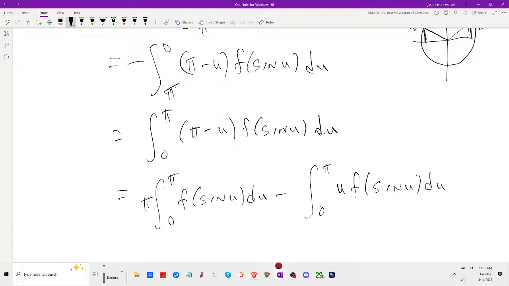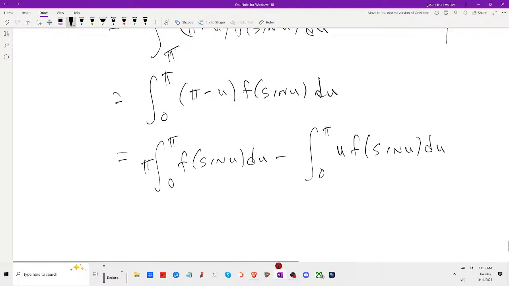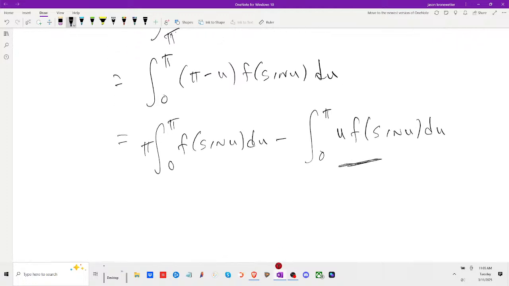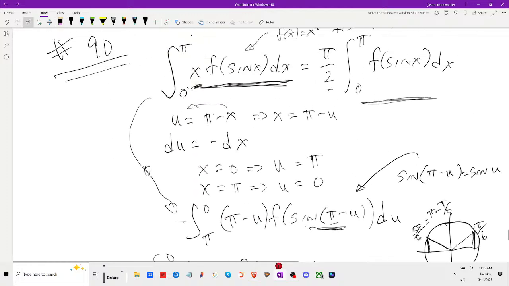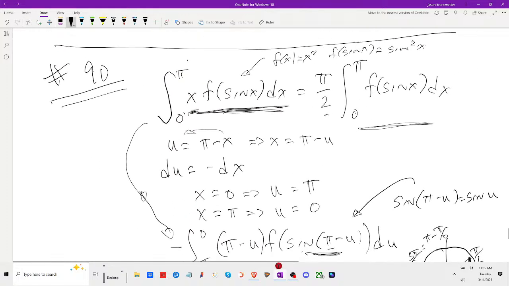I pull the pi out in front because it's a constant, and I don't pull the u out in front because that is not a constant. That's the variable that's part of the integral here. Okay, now this one right here is the same as the original integral we started with. So you see we got a little bit of that back.